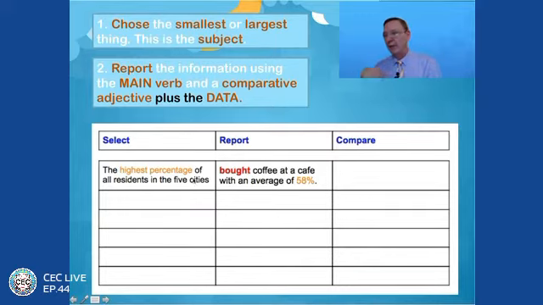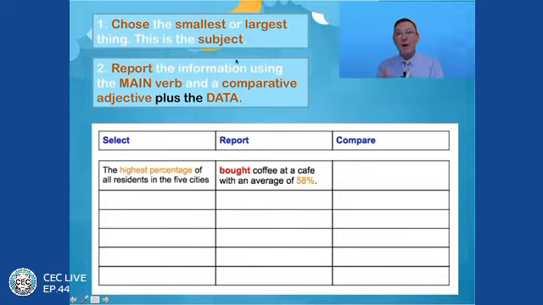Like here: the highest percentage of residents bought coffee at a cafe with an average of 58%. There's your verb, and that's your data.